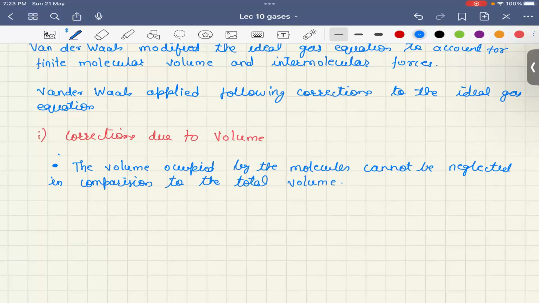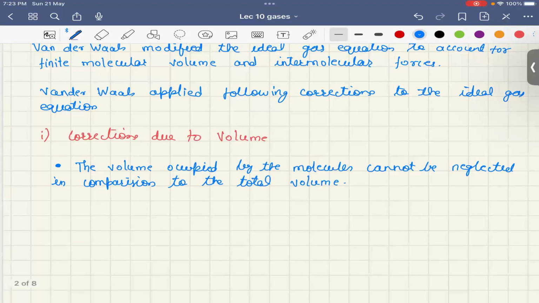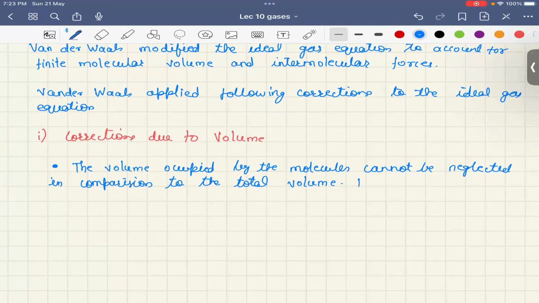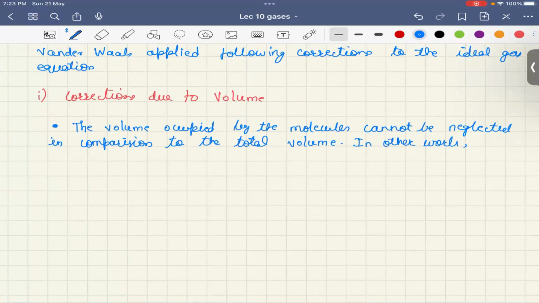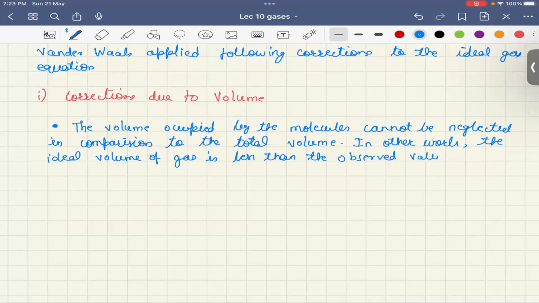In other words, the ideal volume of gas is less than the observed value.